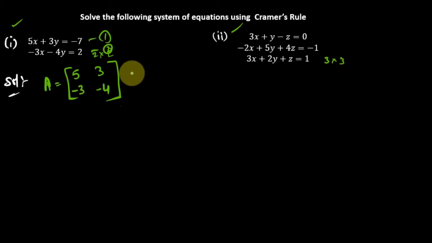And next comes the X matrix. What is the X matrix here? The variables I should write here. How many variables do I have? x and y. And lastly I should write the B matrix.